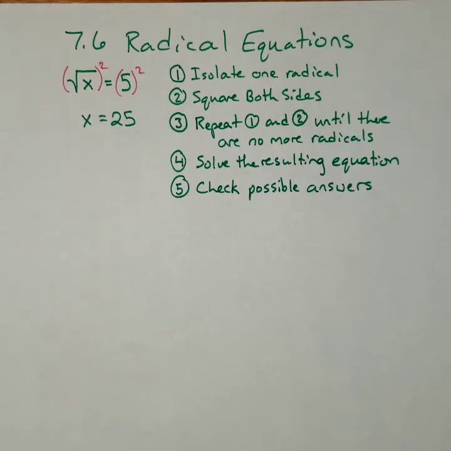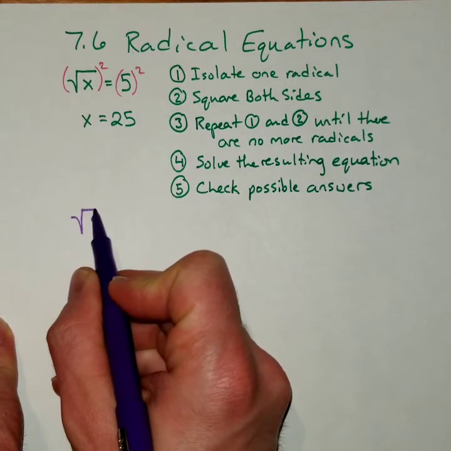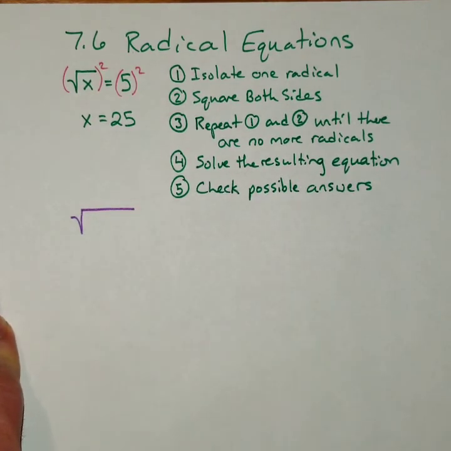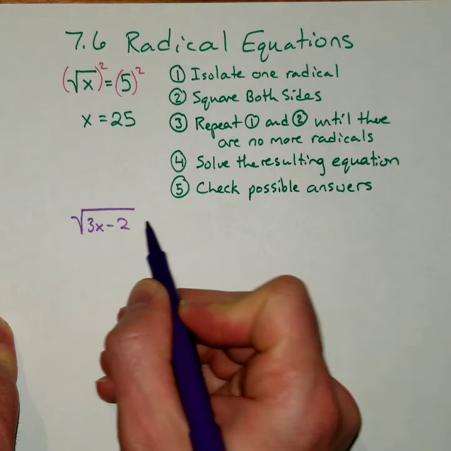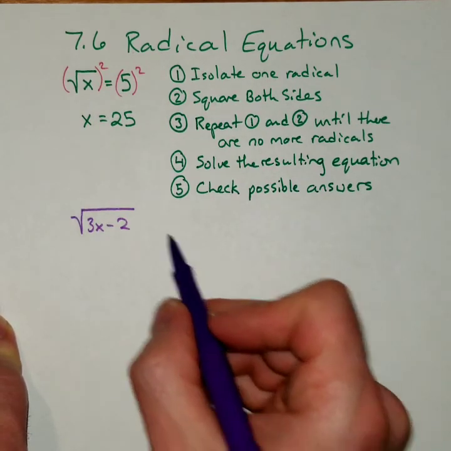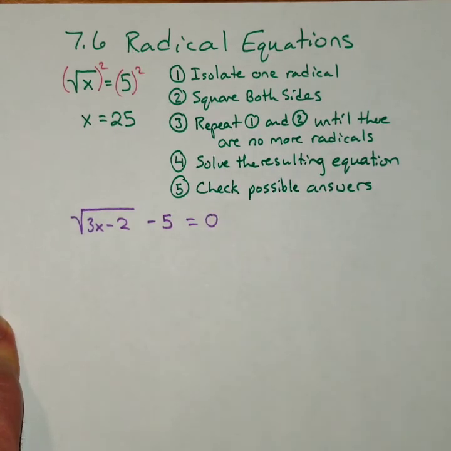And now let's do a few more examples. We'll make them a little bit more complicated gradually. I'll do a couple more in this video, and then we'll do a second video. Maybe a third if necessary. And so let's try one where we take the square root of 3x minus 2, minus 5 on the outside of the root, equals 0.